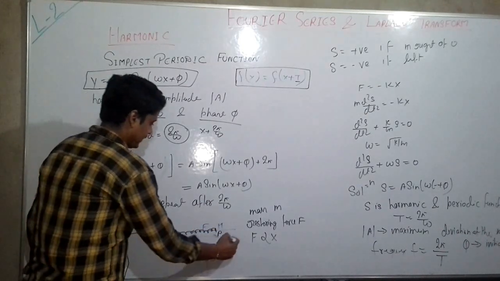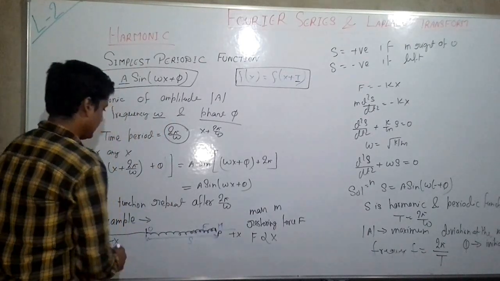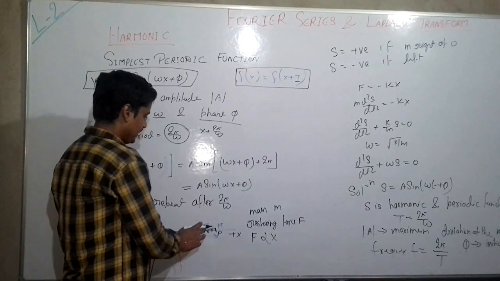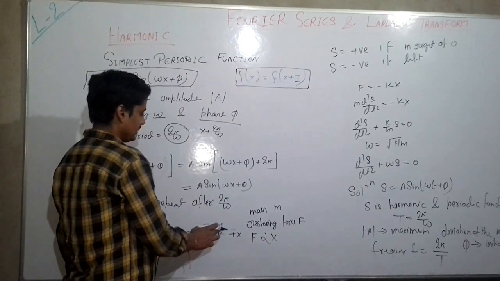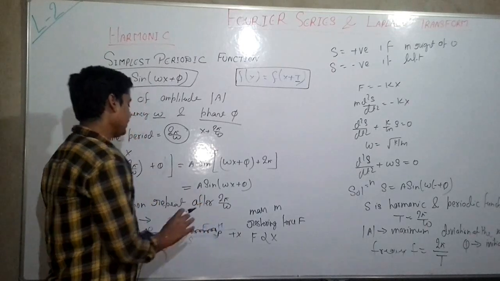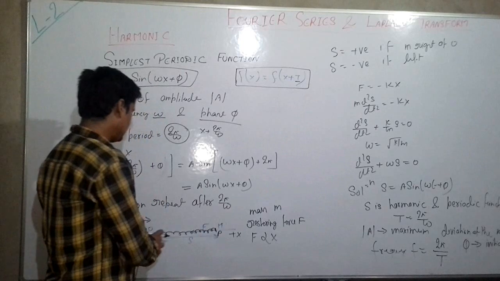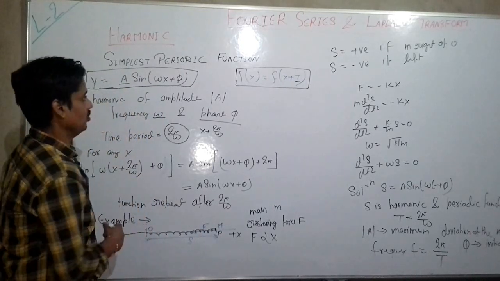This is the positive x direction, this is the negative x direction. There is a spring force due to which the mass point m is stretched from the origin O.